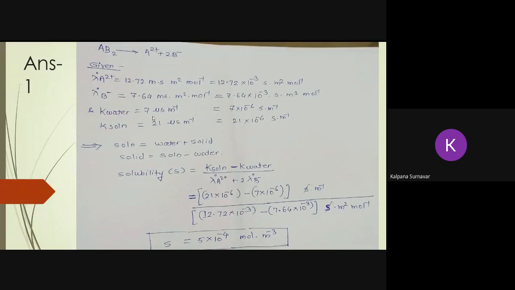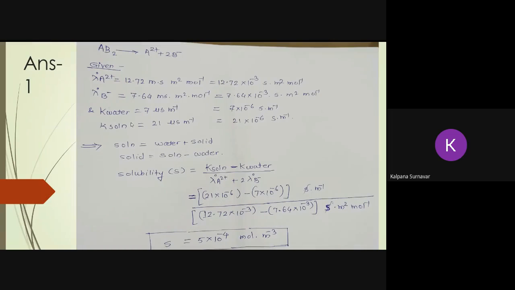K water is 7 microsiemen per meter and K solution is 21 microsiemen per meter. Convert these values into siemen; micro is 10 raised to minus 6, so just multiply 7 and 21 by 10 raised to minus 6.